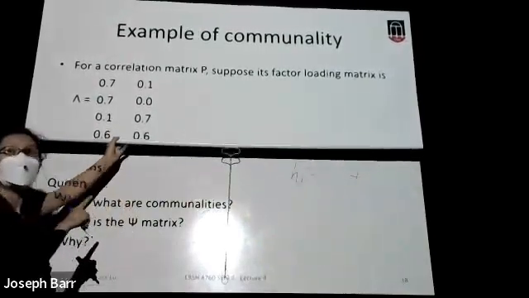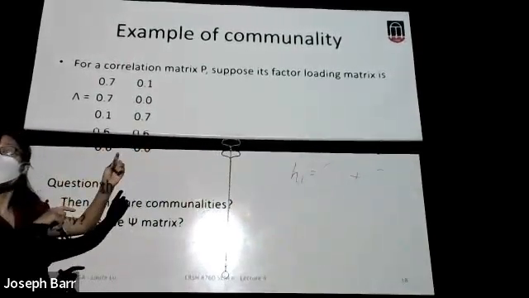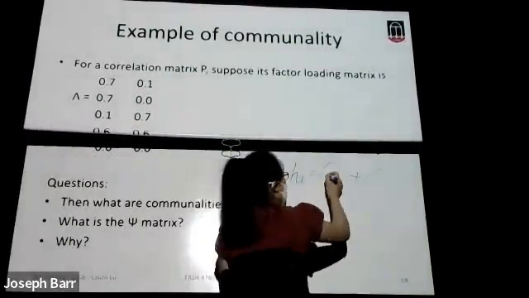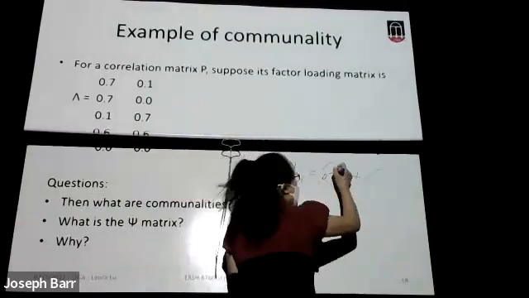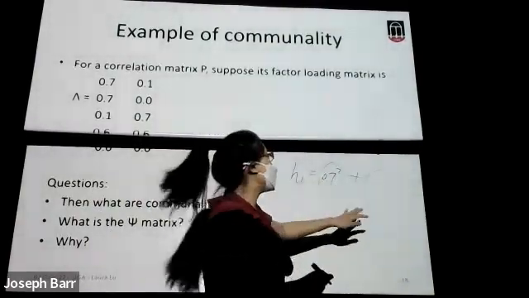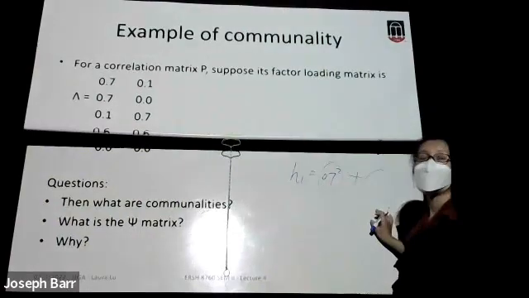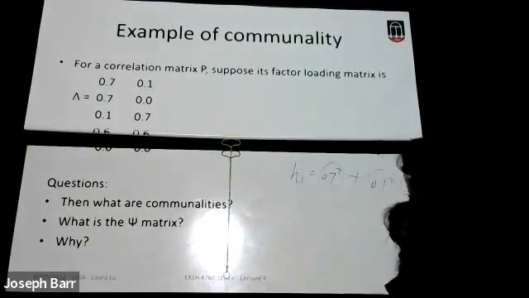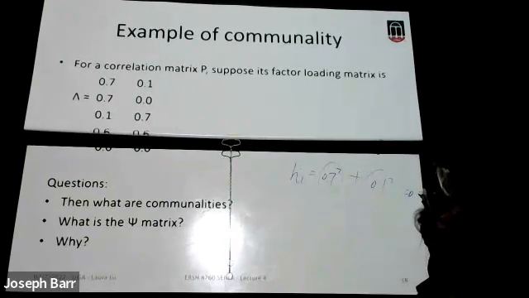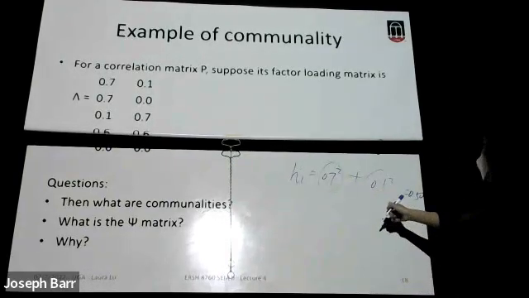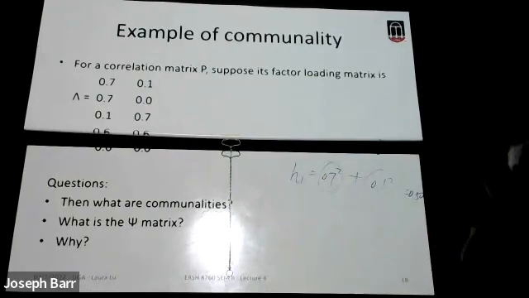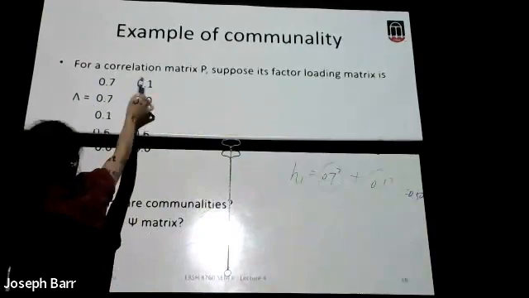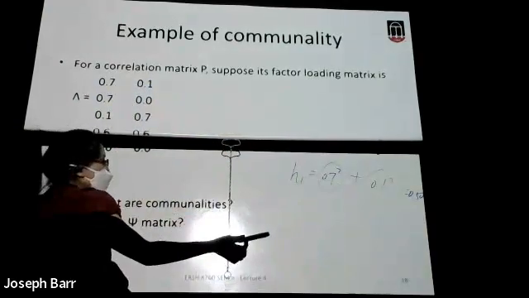What is the factor loading for the first factor? 0.7, squared. What is the factor loading for the second factor? 0.1 squared. That's it. The first communality is 0.5. Okay, the squared factor loadings for all factors, we have 2 factors.